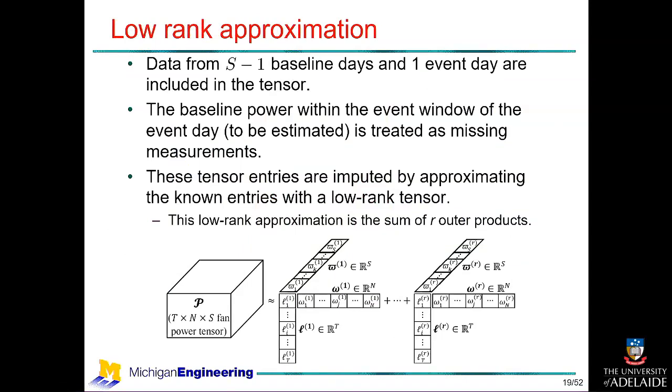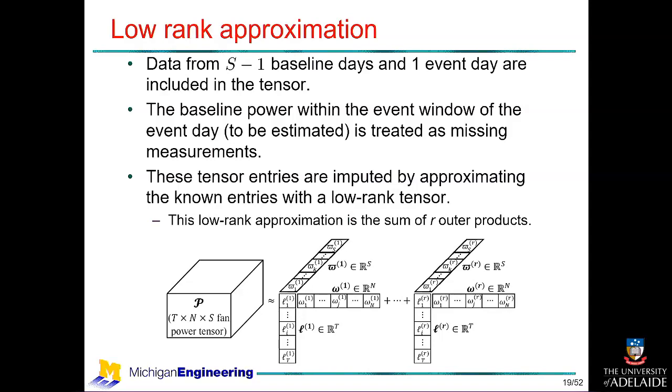Okay, so the tensor entries are obtained by approximating the known entries with this low-rank tensor. Like I mentioned, think singular value decomposition: when you order the singular values, often you find that there's relatively limited information in a matrix, that you might have a few dominant singular values and you can throw the rest of them away and not lose too much information.